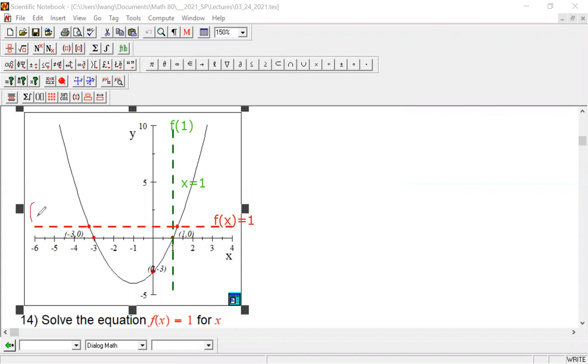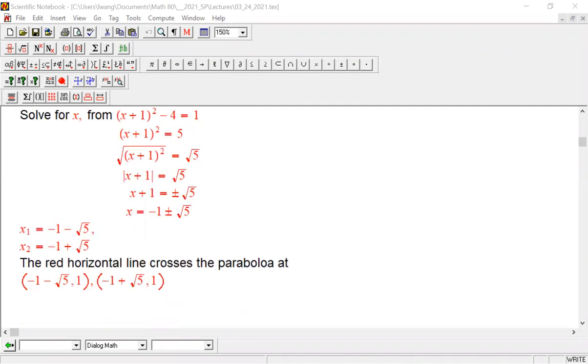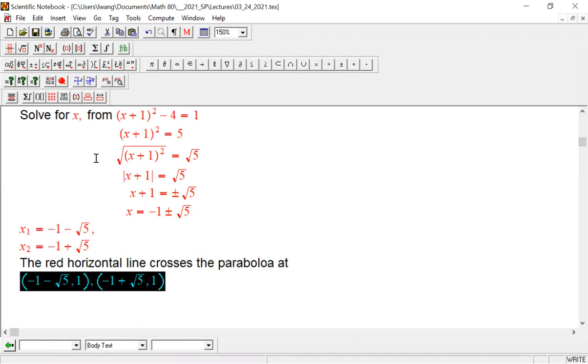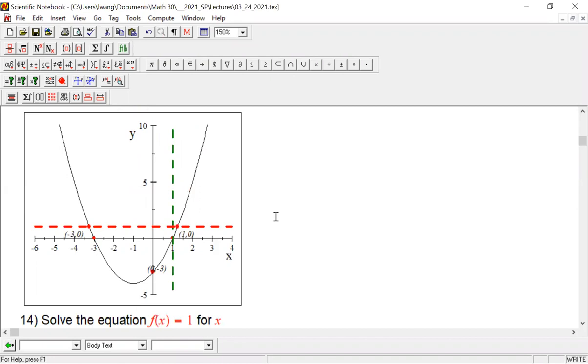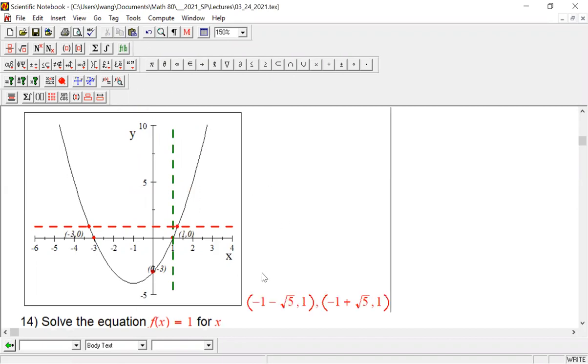Let's see the solution we got. The solution we got are these 2 points, so let's mark them in the picture. Are you ready?